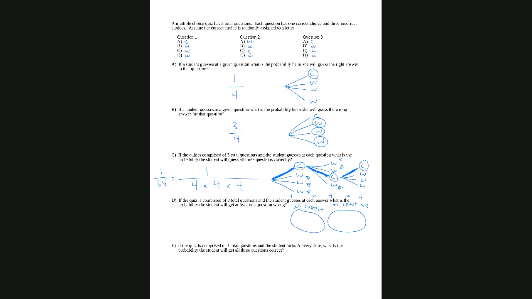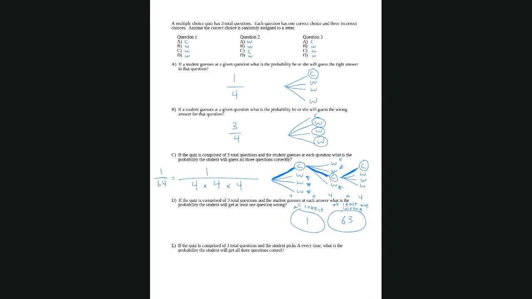See, if you don't get them all correct, then no matter what you answered, you got at least one wrong. You must have traveled through a W somewhere in the tree. So there's actually only one way that you can get them all correct, and there will be 63 other ways that you can get at least one wrong.